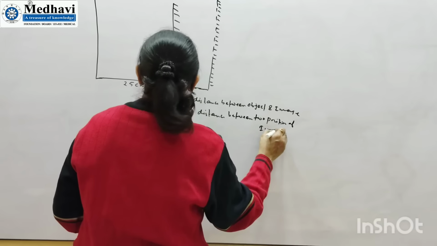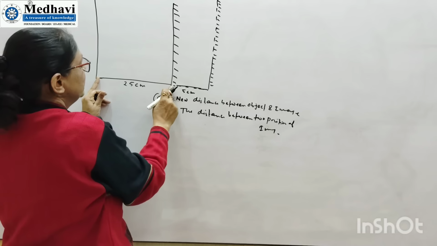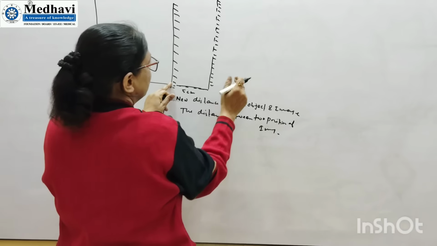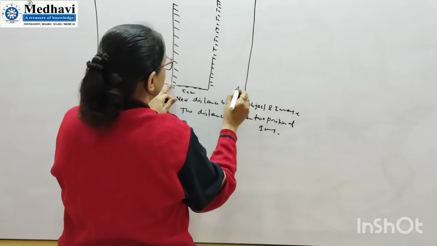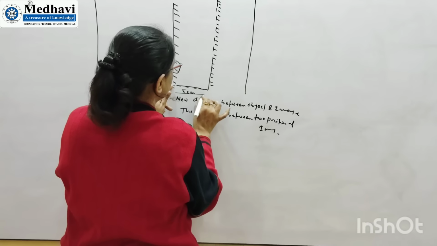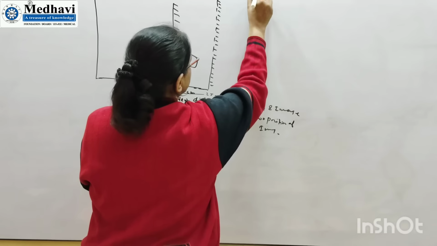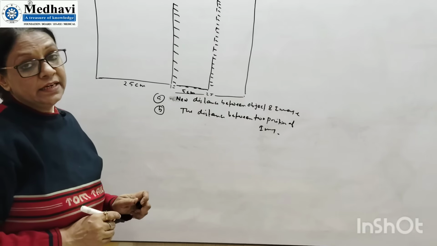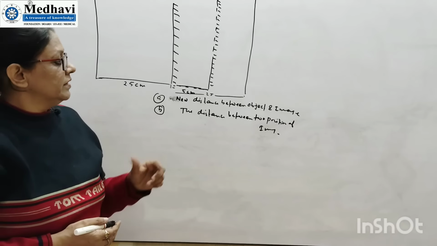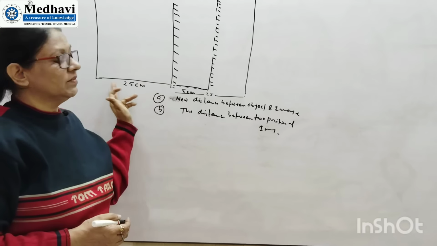Very important information. Suppose in the beginning this is the object. If it is 25 centimeter, then the first image is also 25 centimeter from the mirror. This is the first image. Because I have already said that in a plane mirror, the image distance from the mirror must be equal to the object distance from the mirror.